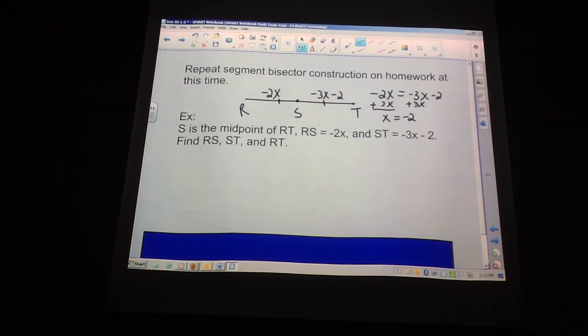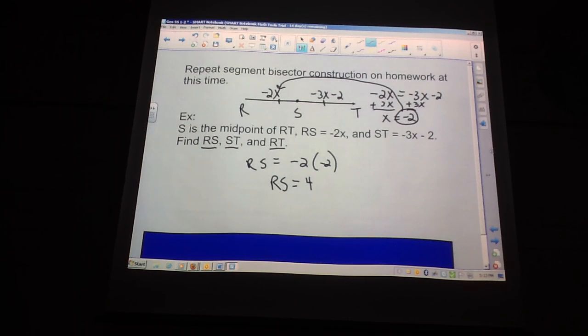Well, notice the question is asking for the lengths of the segments of the diagram, so I'm not done. I'm going to have to take that x value and plug it in to find one of those lengths. So for length RS, I've got negative 2 times negative 2, and that's going to give you 4 for the length of RS.